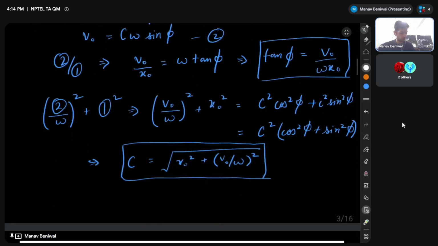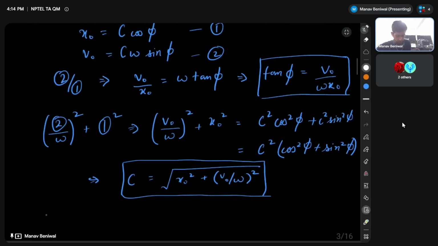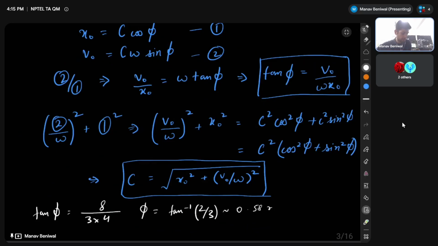If we substitute all these values here, we get tan phi equals 8 over 3 into 4, so this becomes 2 over 3. So phi is tan inverse 2 over 3, which comes out to be roughly 0.58 radians.